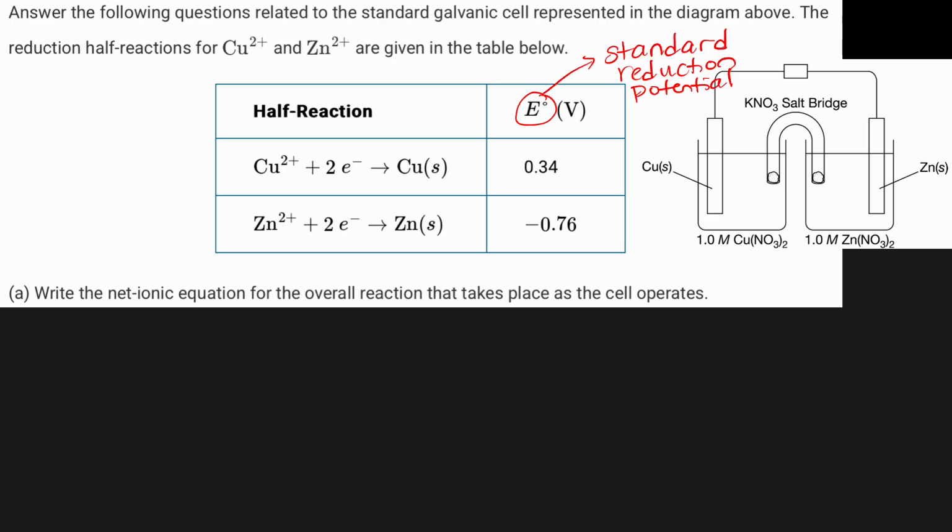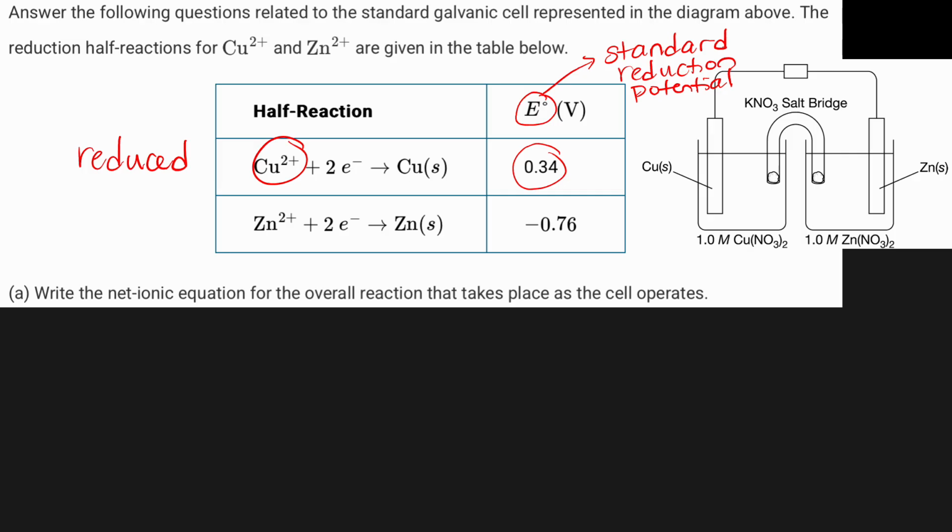It is literally the potential that something has for being reduced. So a higher E value is going to mean that it is more likely to be reduced. So because 0.34 is more positive than negative 0.76, then we know that copper 2 plus is more likely to be reduced. And so Cu2 plus is going to happen at the cathode.